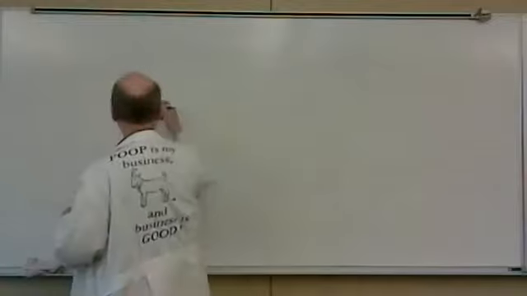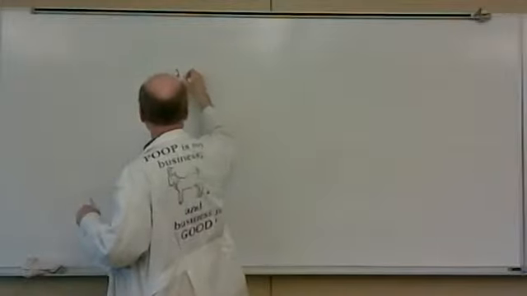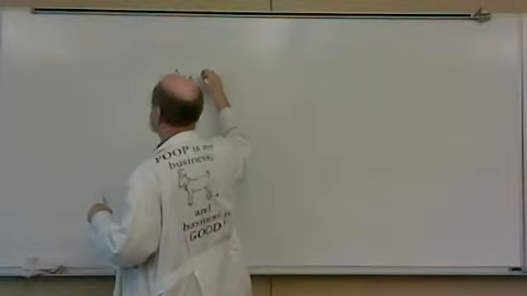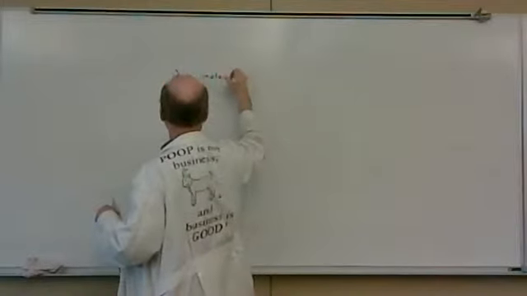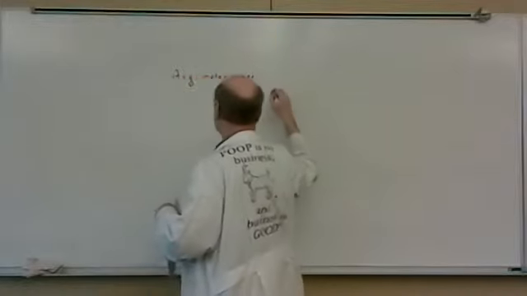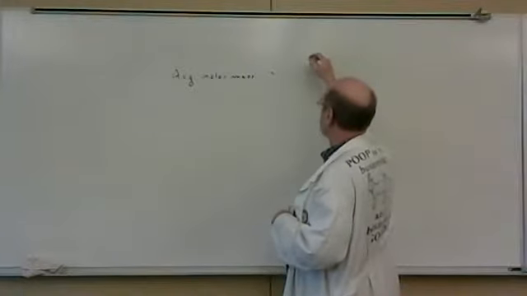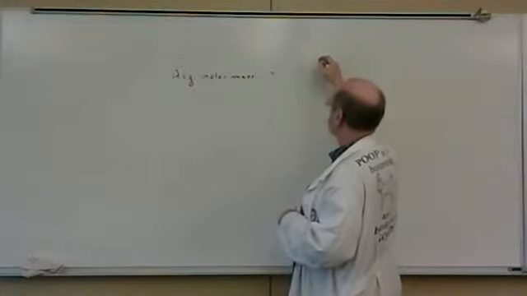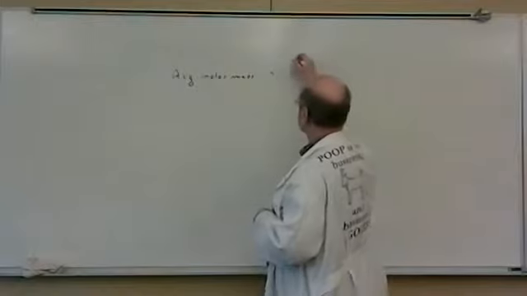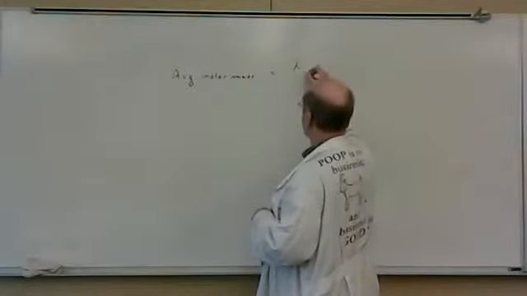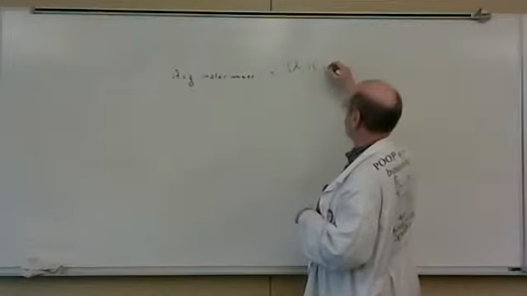First of all, if you want the average molar mass of an element, you need the fraction of the, let's see, how do I write that? The fraction of element 1 times the molar mass of element 1.